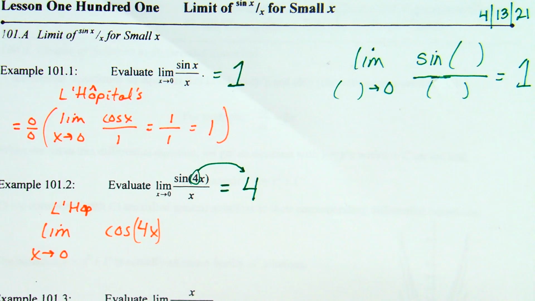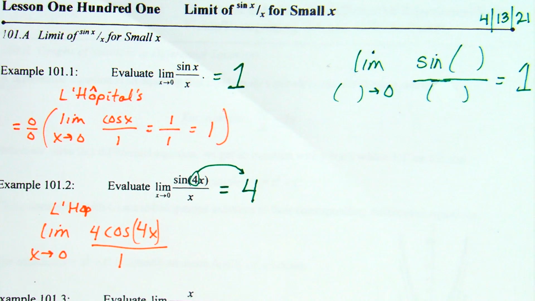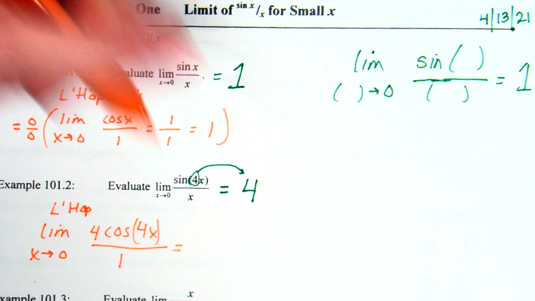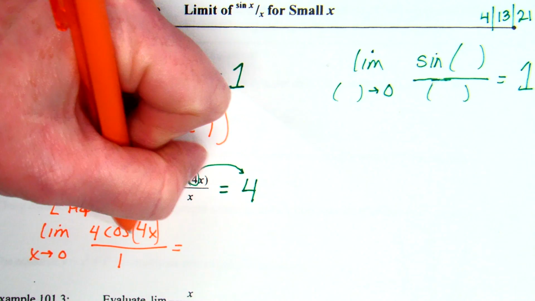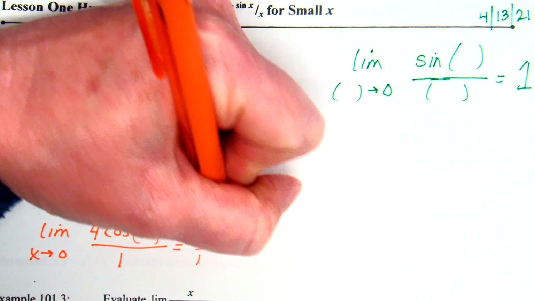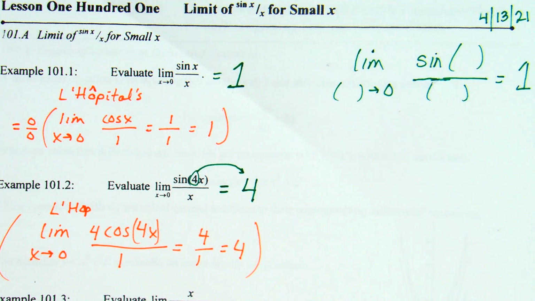The derivative of 4x is 4 over the derivative of x, which is 1. Cosine of 0 is still 1, so you end up with 4 over 1, which is 4. Again, it's all about learning to recognize them without actually doing L'Hopital's.